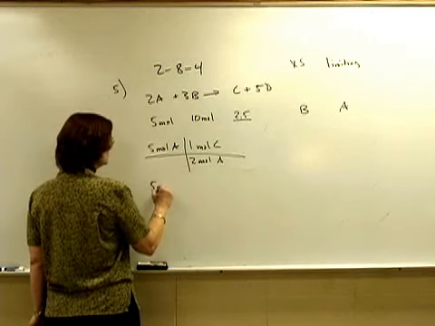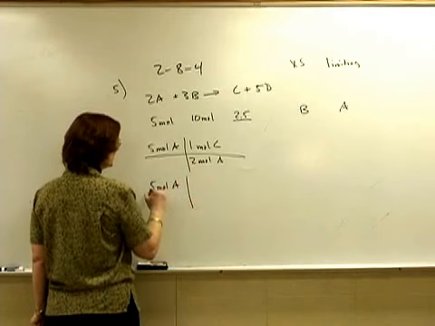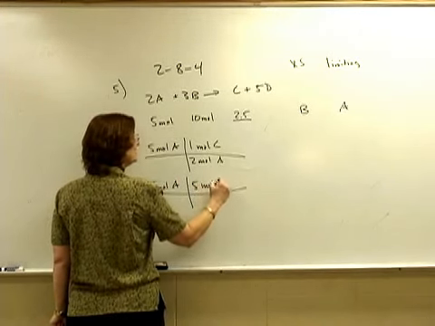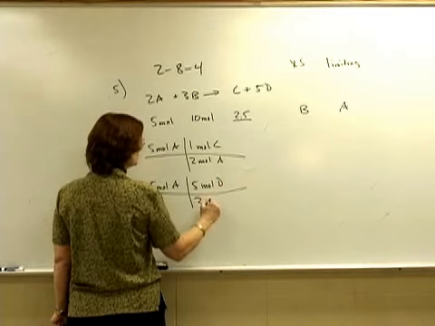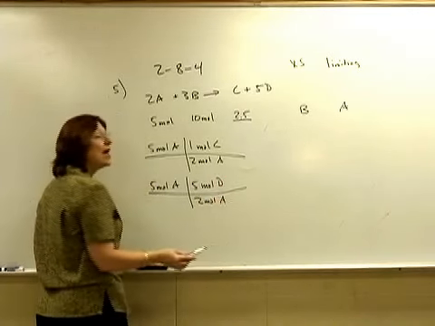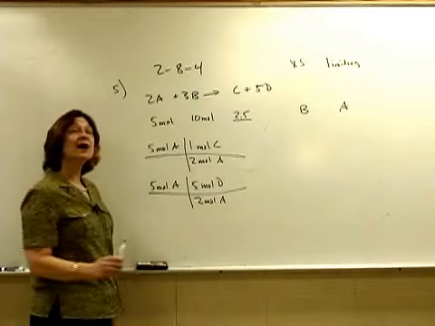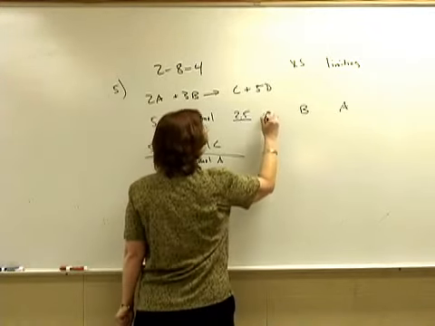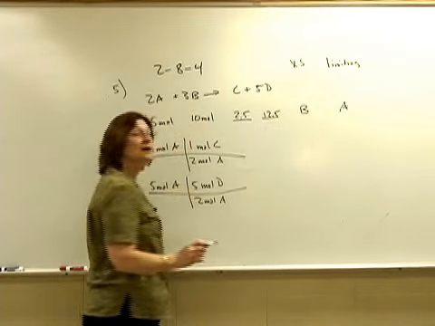I have 5 moles of A, that is my limiting reagent, and there are 5 moles of D for every 2 moles of A. And 5 times 5 is 25, divided by 2 is 12.5. Therefore, I'm going to get 12.5 moles of D.